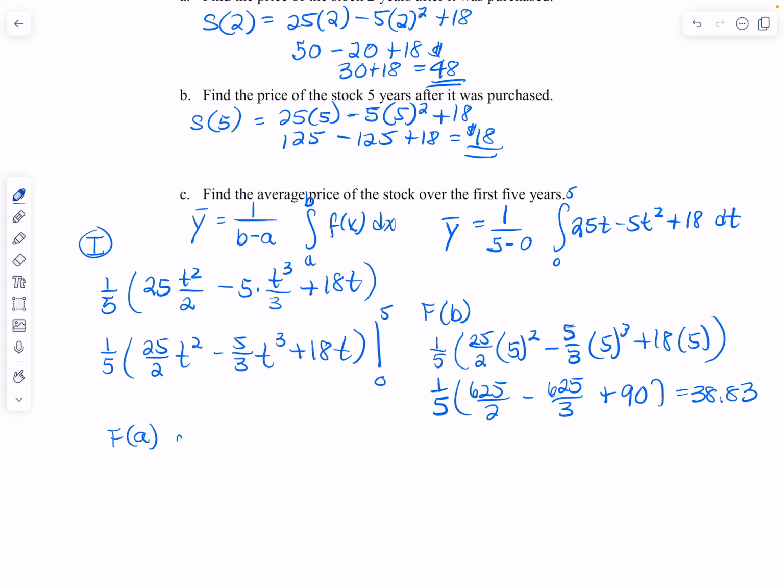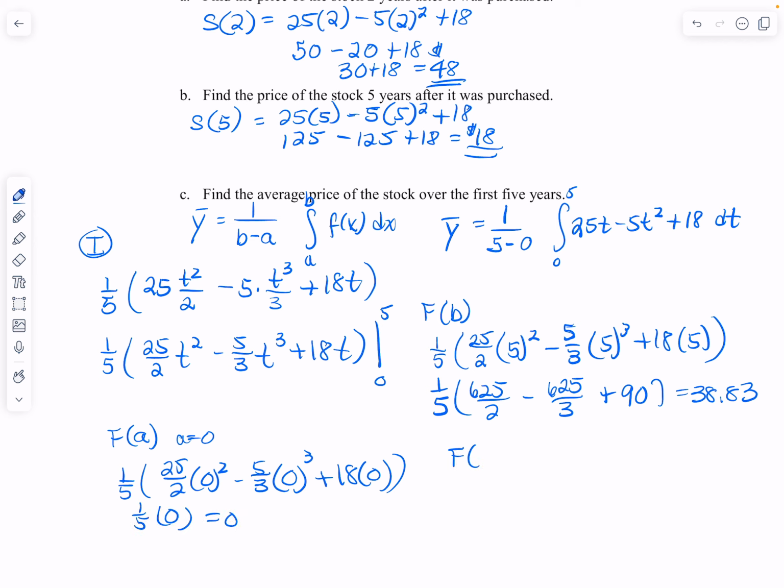Now let's do f at a. Remember that a equals 0 because it's the lower limit. So I have 1/5, and I'm plugging and chugging: 25 halves times 0 squared minus 5/3 times 0 cubed plus 18 times 0. Lucky for us, this zeroes out and becomes 0.